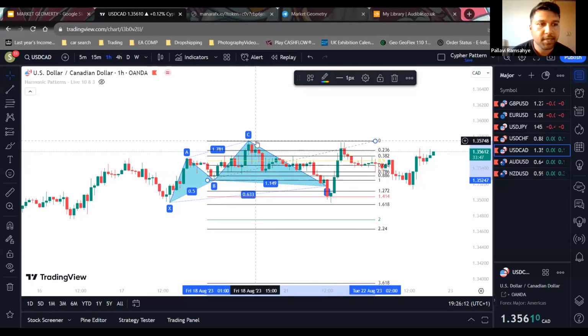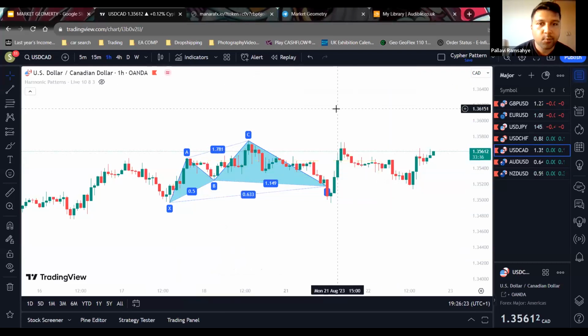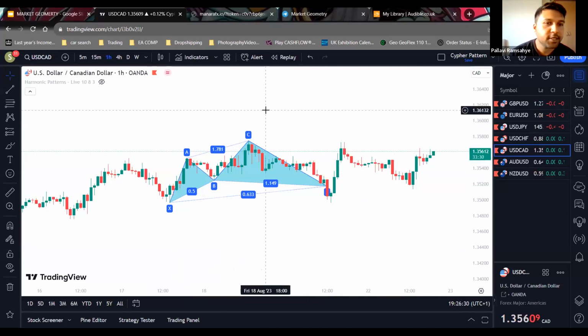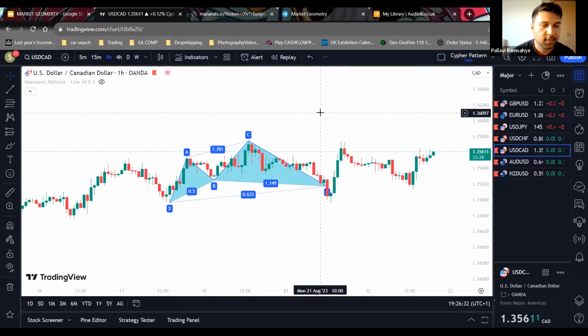So once that's been completed, we can then look to enter the trade. Okay. So again, just so I know that everybody's listening, where will we be entering the trade? At which point should we enter? And at which point should we place our stop loss as well? And again, take profits.